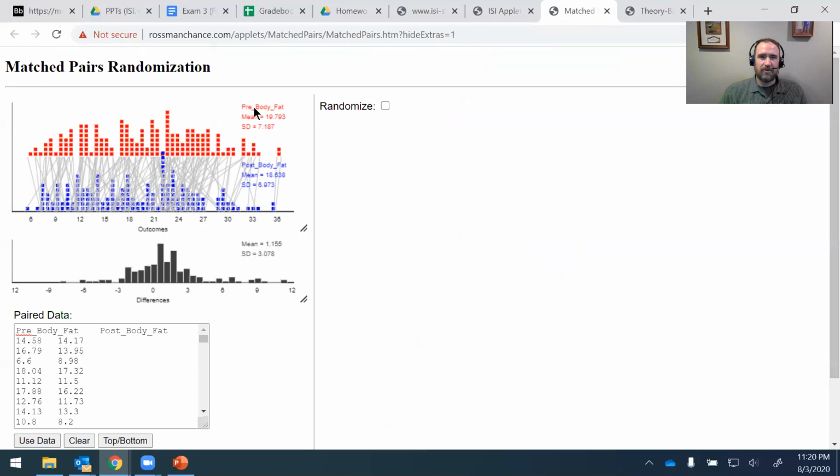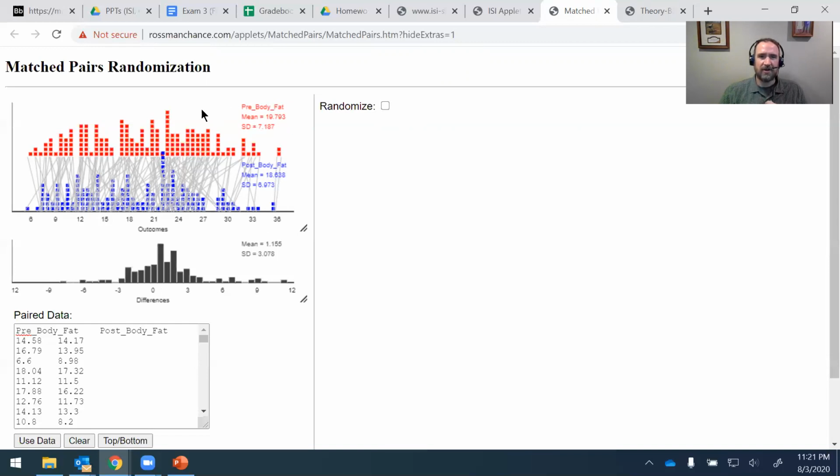Well, if we're doing pre-body fat minus post-body fat, and we got a positive number, that means the pre-body fat must have been higher. And we can see that in these means. A mean of 19.79 is higher than a mean of 18.64. So we have strong evidence that there's a significant difference from a 0 difference.